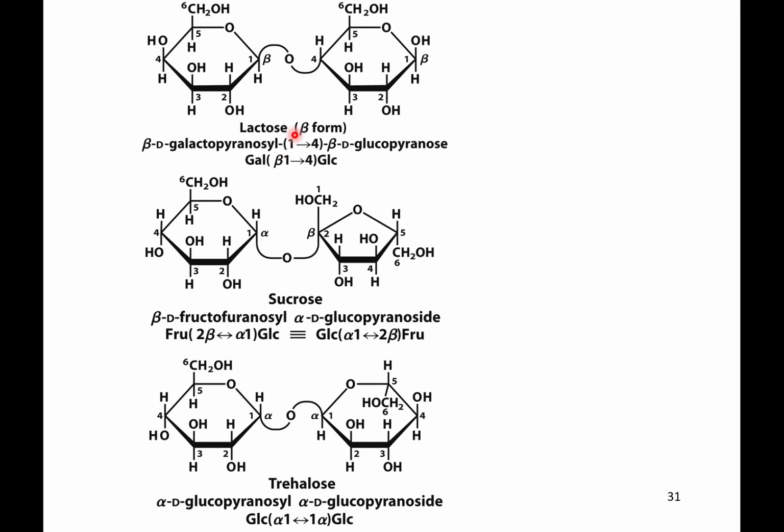The shorthand way of writing this disaccharide would be Gal for galactose, beta 1 to 4 glucose, Glc. You'll notice we draw this glycosidic bond a little bit funky.